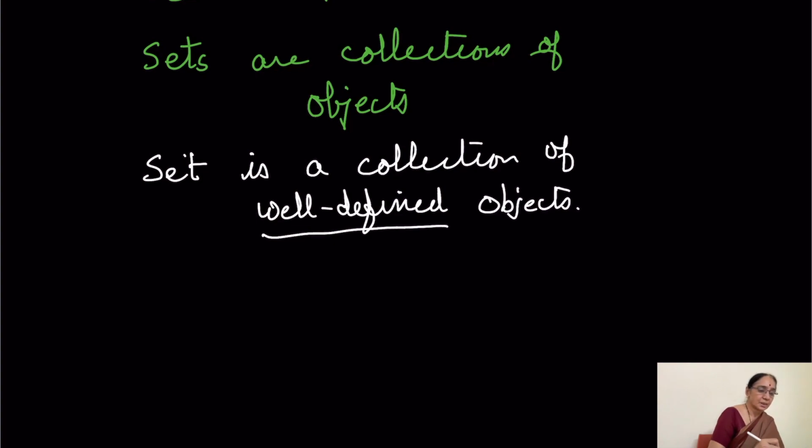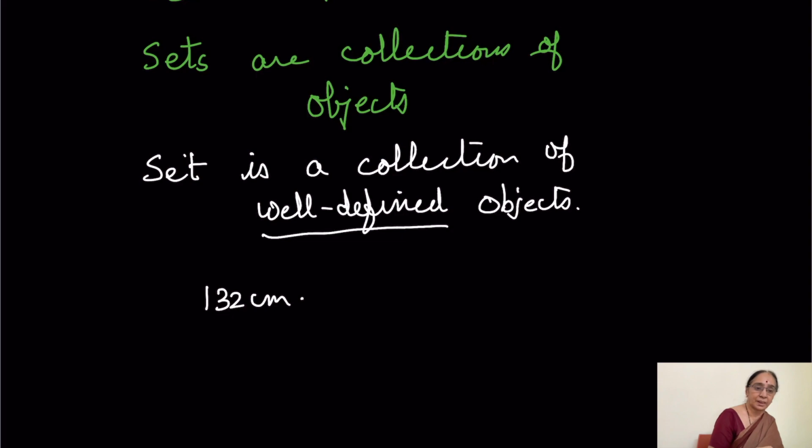Well-defined objects. So in a class, if there are say 12 students, and I say the set of all the boys who are taller than 132 centimeters, then I can take their heights, and then pick out those students who are taller than 132 centimeters.